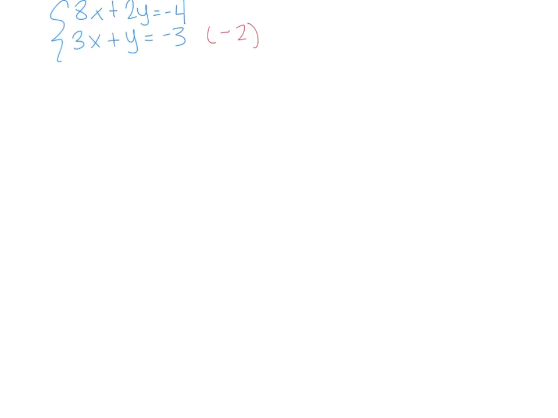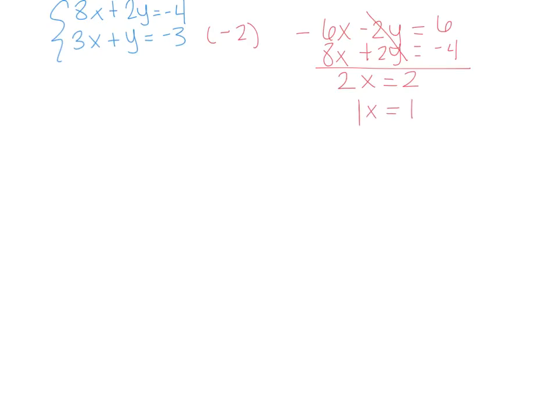So I'm going to have -6x minus 2y equals 6, and then I'm going to rewrite the first one, 8x plus 2y equals -4. So after that, the y's cancel, leaving me 2x is equal to 2, so x is equal to 1. So step number 1, you're going to get rid of x. Get rid of z, my bad.